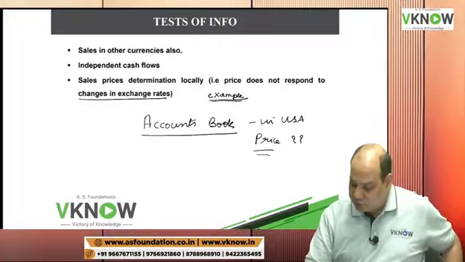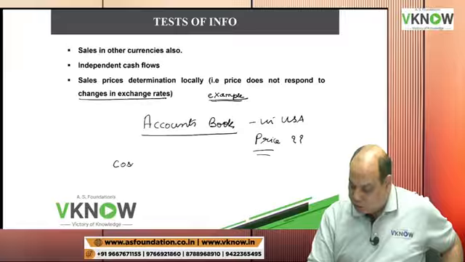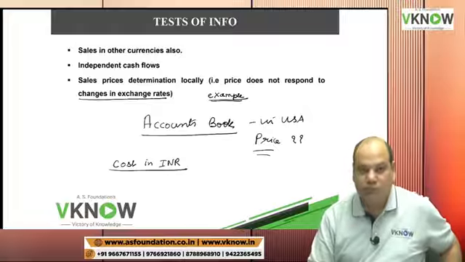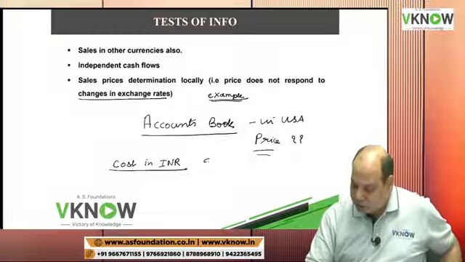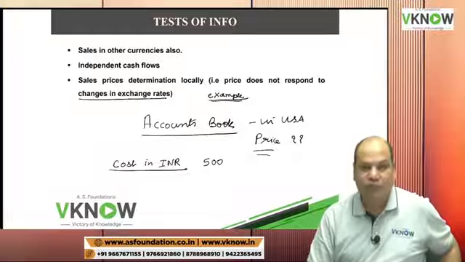So what I will do, I will calculate the cost in rupees because we will manufacture the book in India. So we will incur the material, labor, overheads in India. Let us say it comes to 500 rupees.